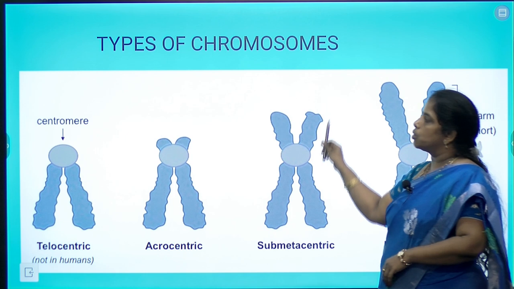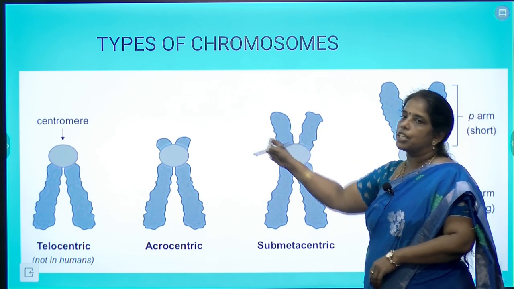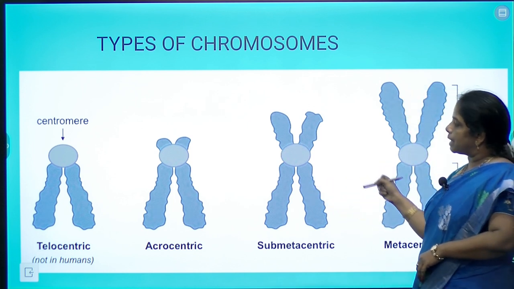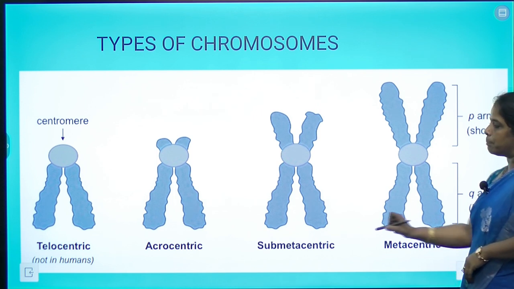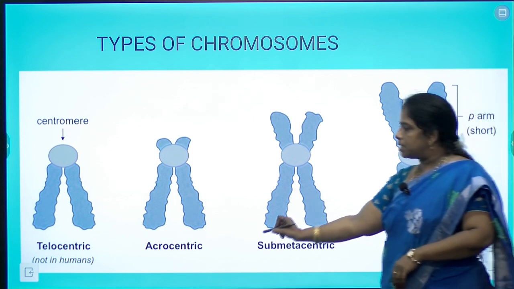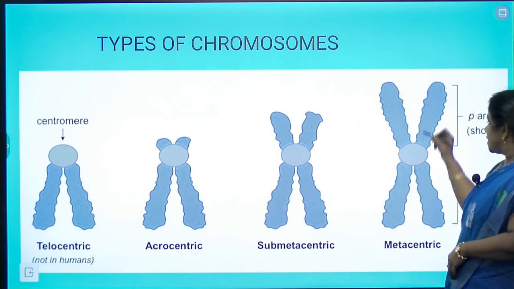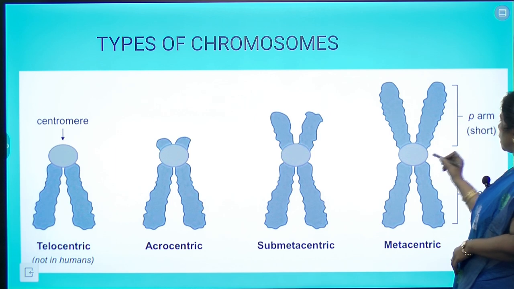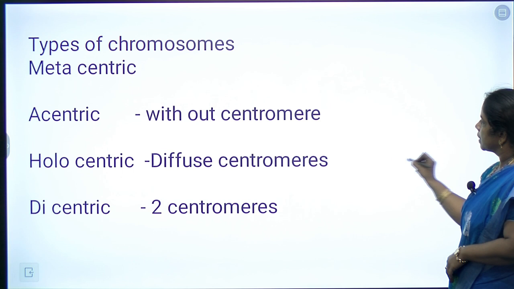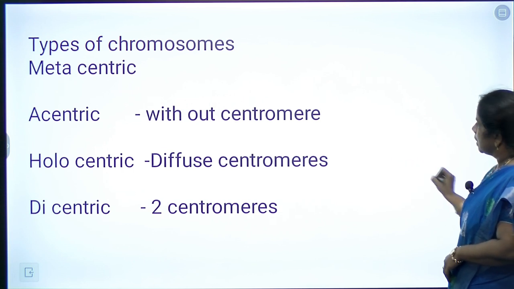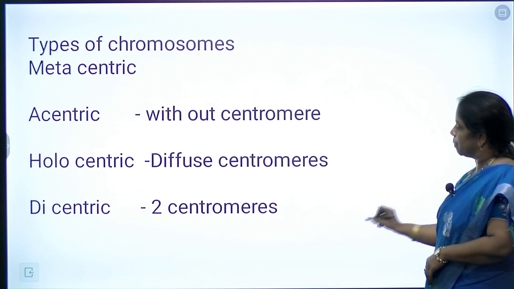The types of chromosomes depend upon the location of the centromere. The chromosomes are classified into different types: the metacentric chromosome, submetacentric chromosome, acrocentric chromosome and telocentric chromosome. Metacentric chromosome means the centromere is located at the center of the chromosome.